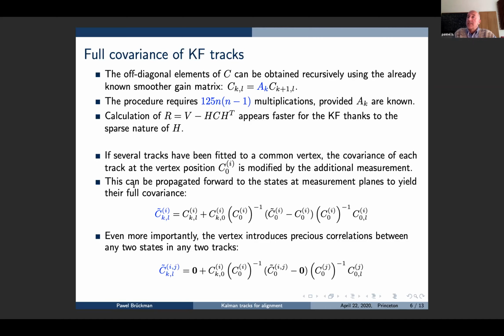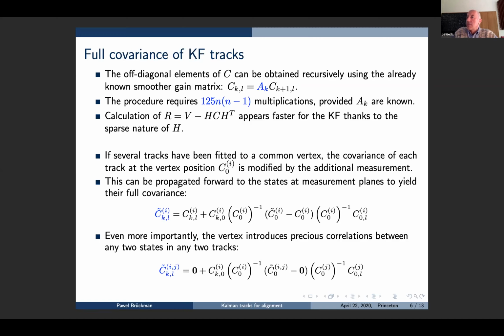If several tracks have been fitted to a common vertex, and that's sort of another big chapter, the covariance of each track at the vertex position is modified by, of course, the additional measurement. And this can be propagated in a fully analogous way forward to the states at measurement planes to yield their full covariance.